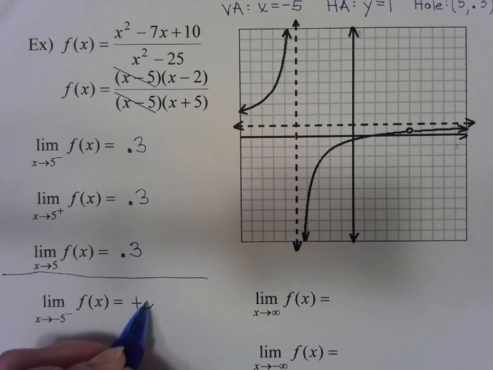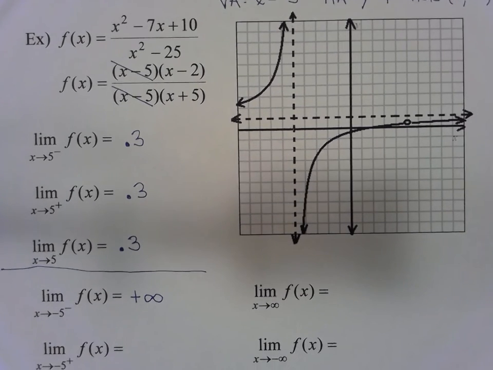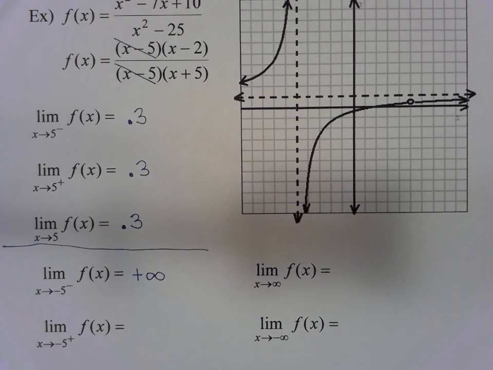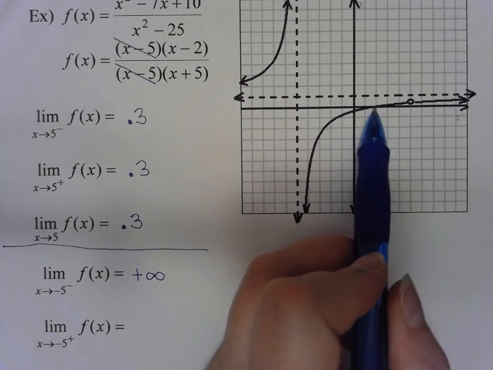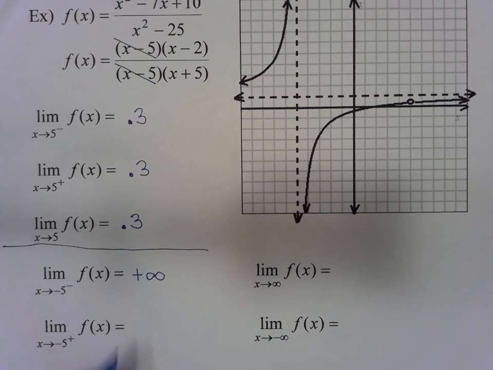You can write the plus or not write the plus. I'll go ahead and write it just to be clear. Okay, how about the limit as x approaches negative 5 from the right? As I'm coming in from the right, the y value is shooting down to negative infinity.